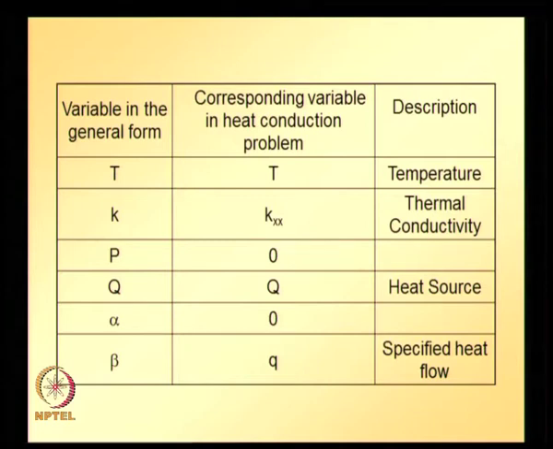Once we have this comparative table, we can take the element equations that we have for the one dimensional boundary value problem and substitute the corresponding variables for a specific problem. Here it is the heat conduction problem. Once we do that, we get the element equations for the heat conduction problem, so we do not need to repeat the entire procedure each time.